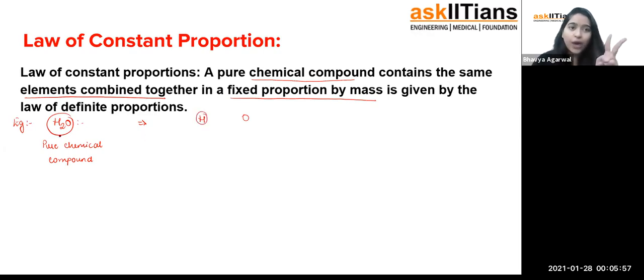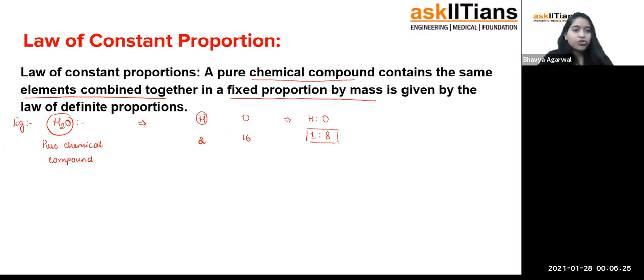Since there are two atoms, the mass of hydrogen will be 2. Since one oxygen atom is there, the mass of oxygen will be 16. So hydrogen is to oxygen is what? 1:8. This is the fixed proportion by mass. This is the very definition of the law of constant proportion.